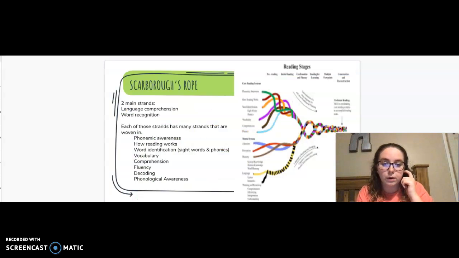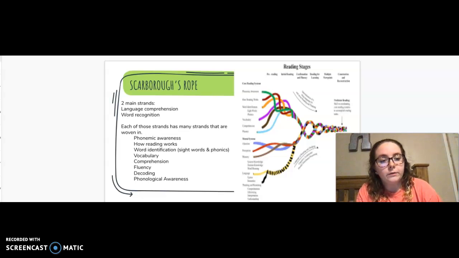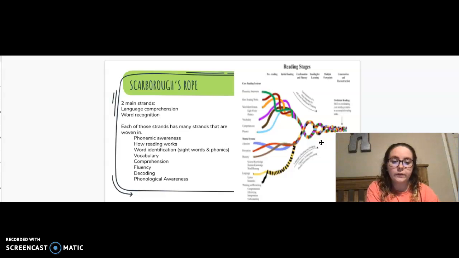Next, we have Scarborough's Rope, and it is broken into 2 main strands with smaller strands woven in. So, language comprehension and word recognition. Language comprehension is a strand located in the upper area, so like this area right here is your language comprehension, and it consists of phonemic awareness and how reading works, sight words, vocabulary, comprehension, and fluency.